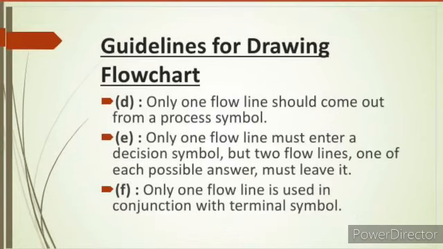D is only one flow line should come out from a process symbol. E is only one flow line must enter a decision symbol, but two flow lines, one of each possible answer, must leave it. F is only one flow line is used in conjunction with terminal symbol.